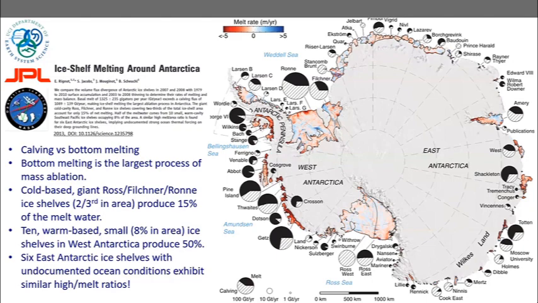And this is a landmark paper because for the first time there were hard numbers behind it: melt is actually a pretty important component, and it's larger than calving in some areas, in particular areas that are quite vulnerable. So knowing that, the ice-ocean interface became a much more important component to look at.